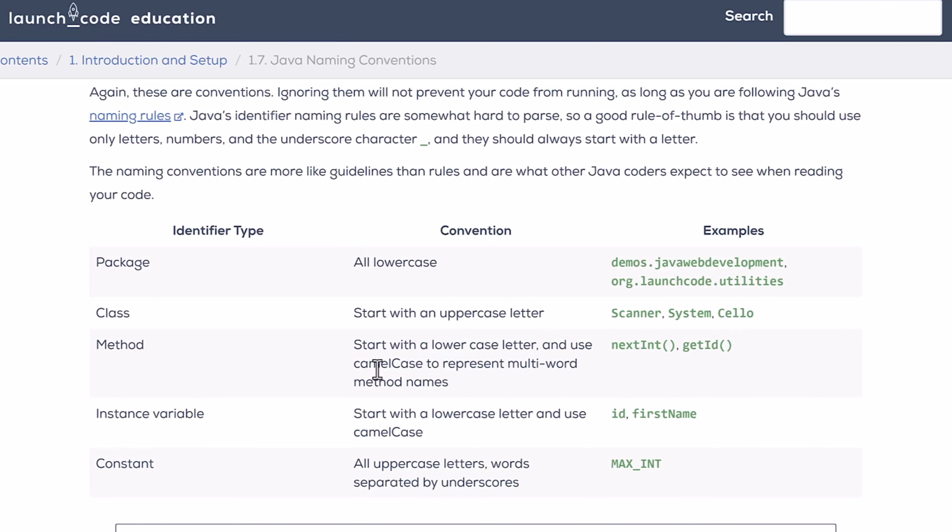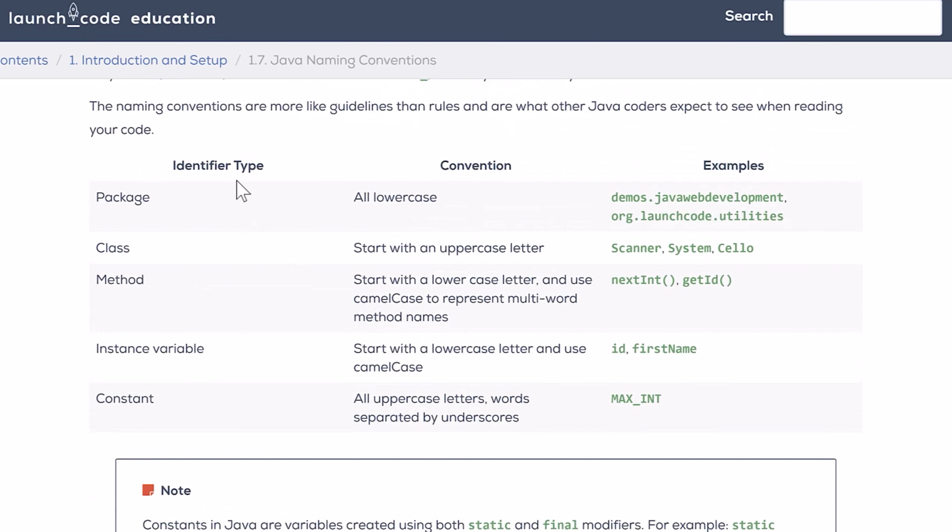Okay, so here, back to the curriculum, we have these identifier types. Packages are all lowercase. That's the convention. Here's the example. A class starts with an uppercase letter, like Scanner, System, Hello. Those are all classes.